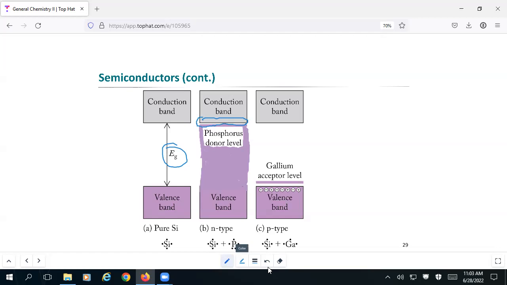Now, what does a p-type semiconductor do? Well, now we're going the opposite direction. Instead of having something that has more electrons in it, we're going to add something that has fewer electrons in it. What do those fewer electrons do? Well, they move the conduction band downward. I don't have a gray color on this, so we're just going to have to make do with the blue here.